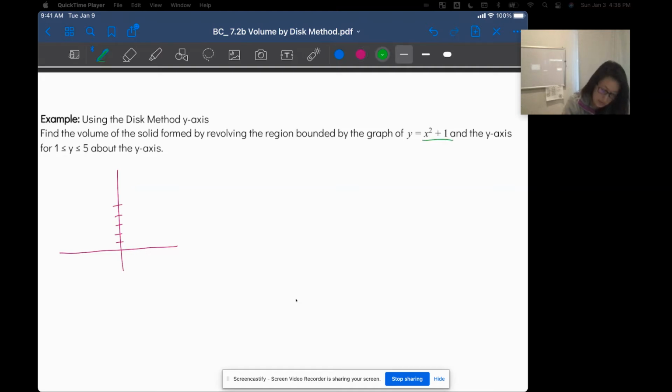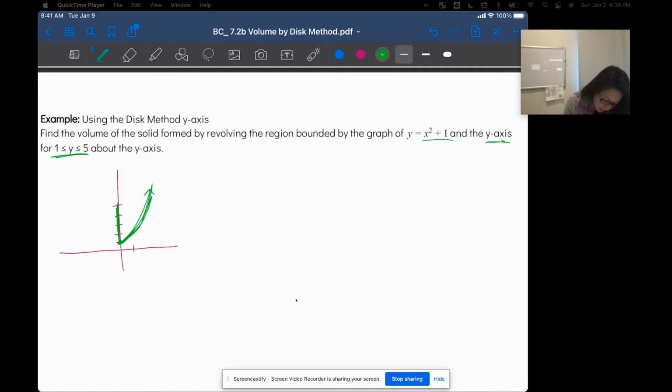Okay, so y is equal to x squared plus 1. So that has been shifted up 1. And then it's going to go very, very steep. Okay, probably steeper than that. And then we want it bound by the y-axis, it says, and 1 to 5.